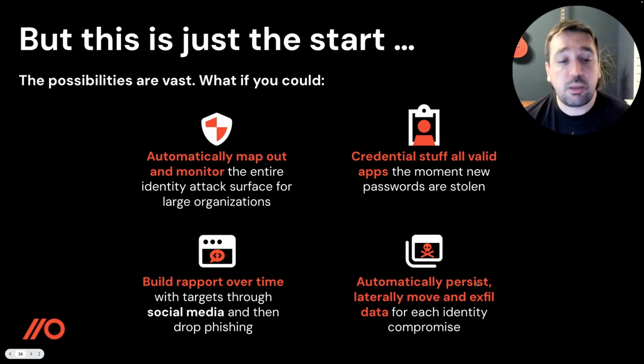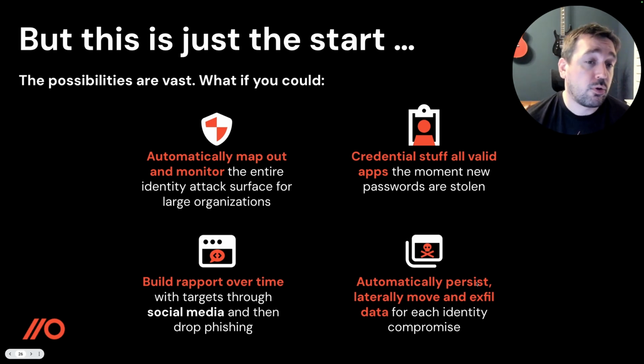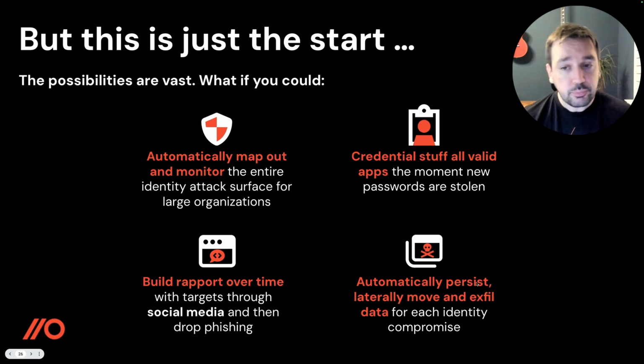You could at the same time build rapport with targets through social media and get ready to drop phishing attacks on them, whether that be endpoint based or credential harvesting or attacker-in-the-middle phishing or whatever the case is. When you do get valid credentials, for example, you could then immediately credential stuff all valid apps across the internet, or just the identity attack infrastructure that you've identified from your attack surface monitoring from before, the moment new passwords are stolen.